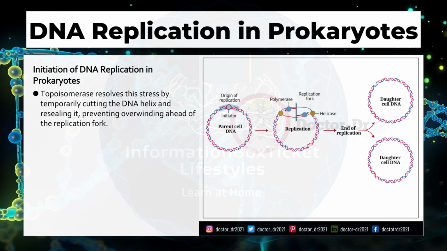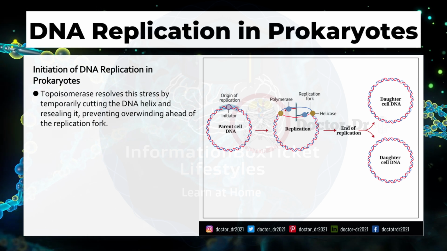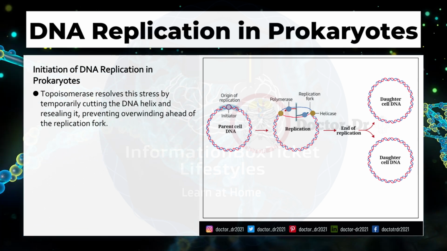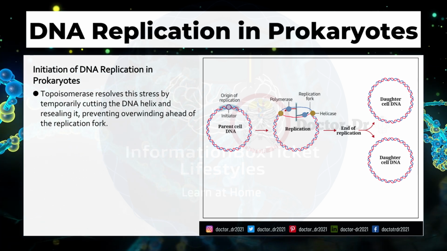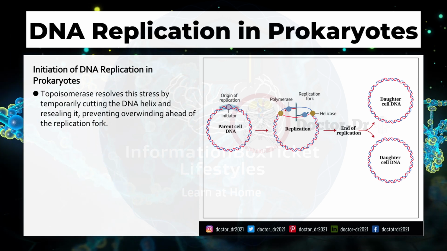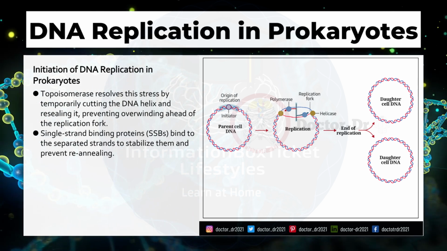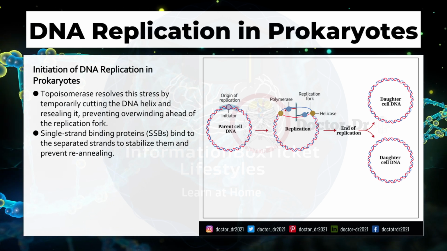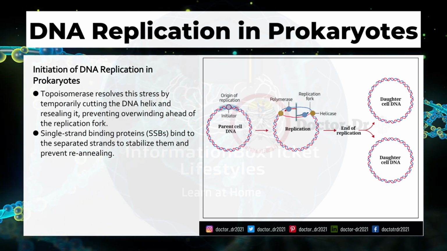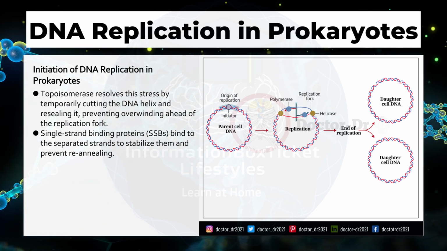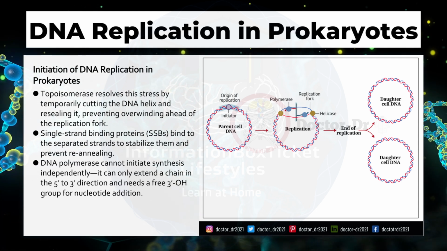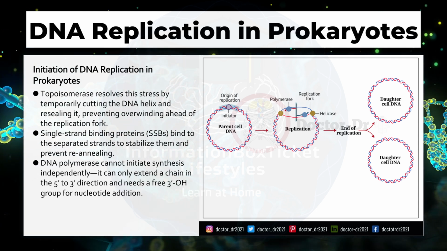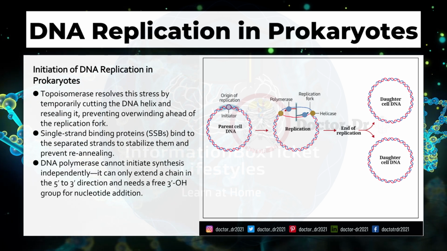Topoisomerase resolves this stress by temporarily cutting the DNA helix and resealing it, preventing overwinding ahead of the replication fork. Single-strand binding proteins bind to the separated strands to stabilize them and prevent reannealing. DNA polymerase cannot initiate synthesis independently.